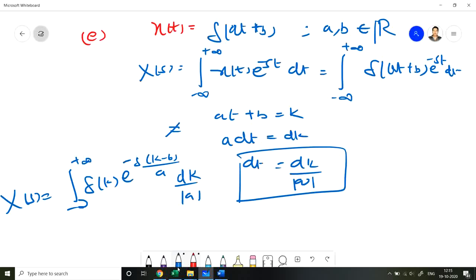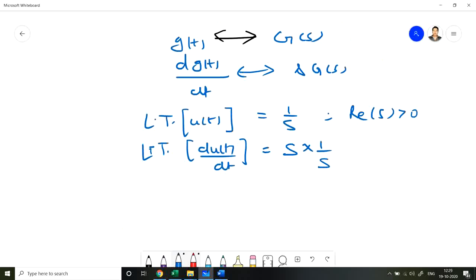So instead of t we have written (k minus b) divided by a, and the solution of this is 1 divided by mod a times e raised to the power sb divided by a. So the ROC is nothing but all values of s.